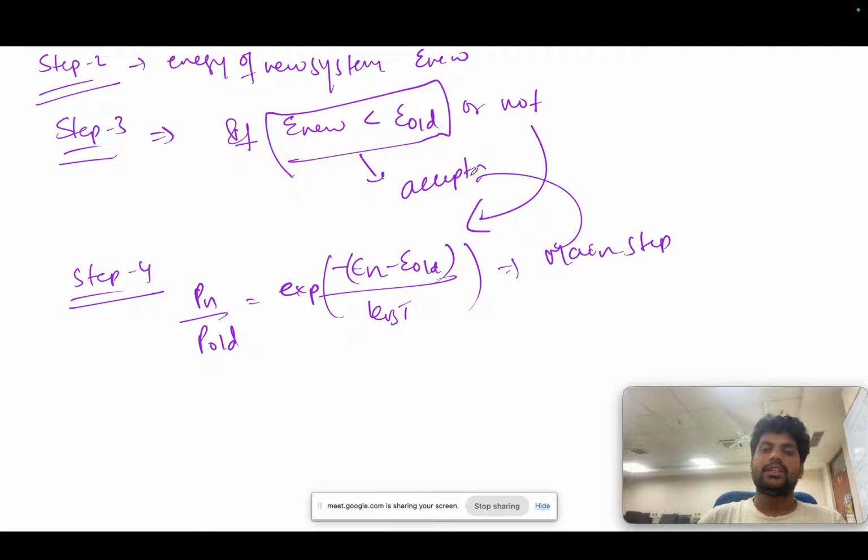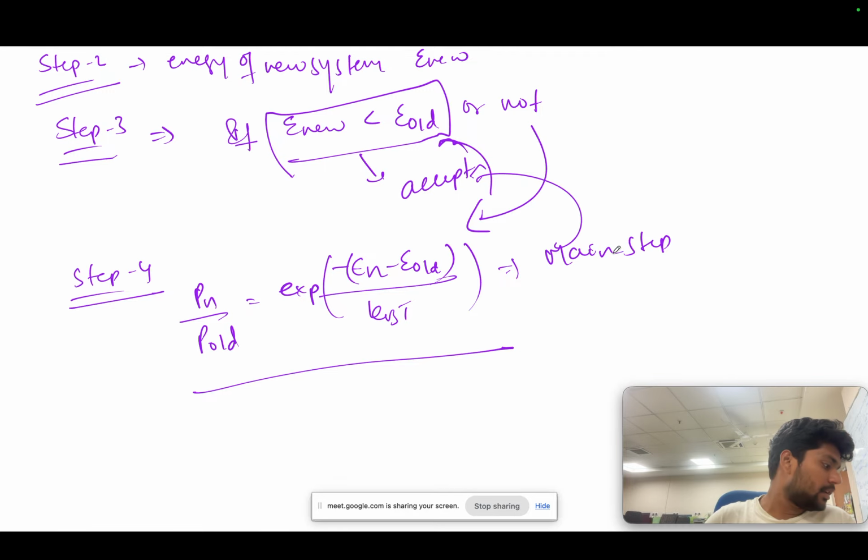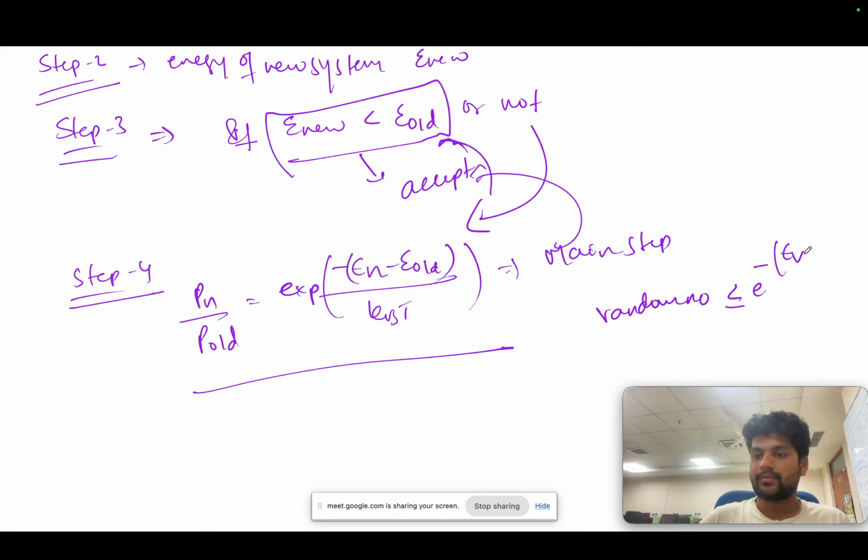Up to here it is like a random generator. If this is not the case, then we take the probability, the exponential of this. And if the random number which we have generated is less than or equal to e to the power of minus that quantity, then it will be acceptable.